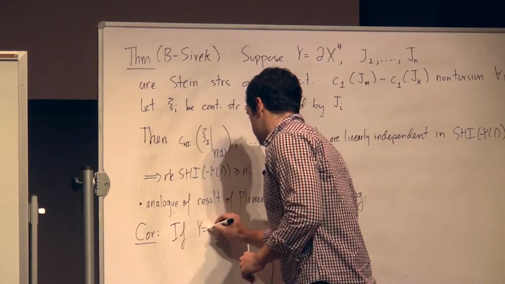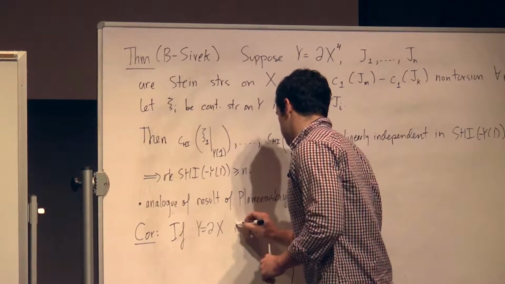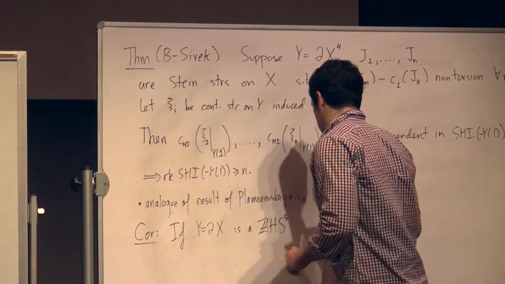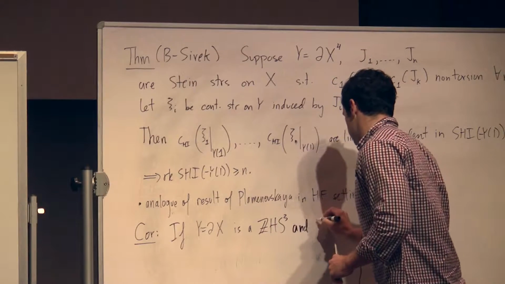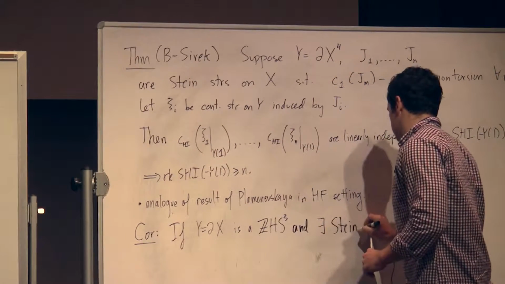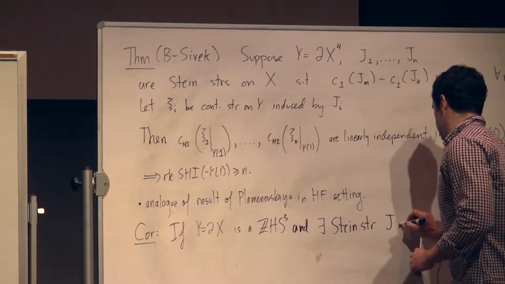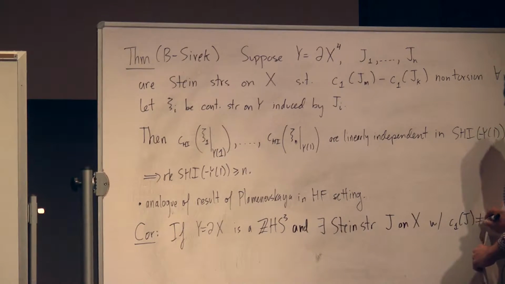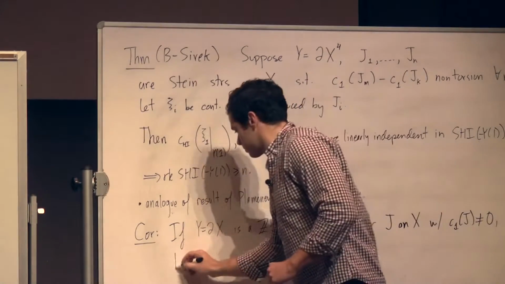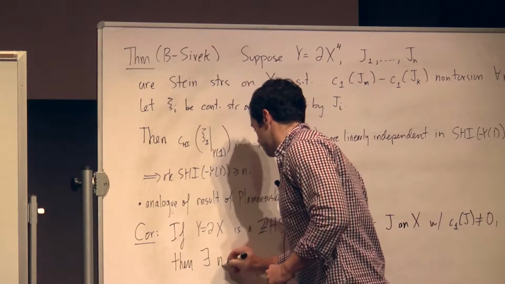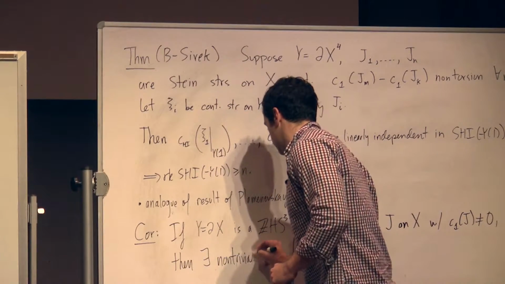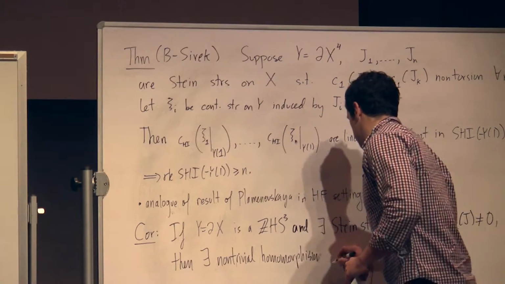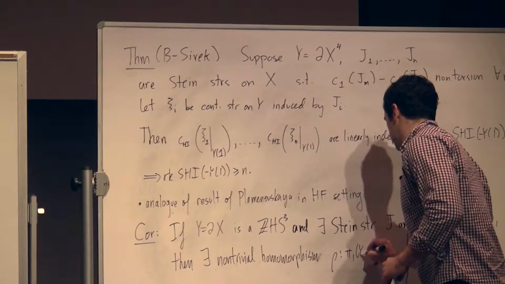If Y is the boundary of X, is an integer homology 3-sphere, and there exists a Stein structure J on X with non-trivial Chern class, then there exists a non-trivial homomorphism from the fundamental group of Y to SU2.